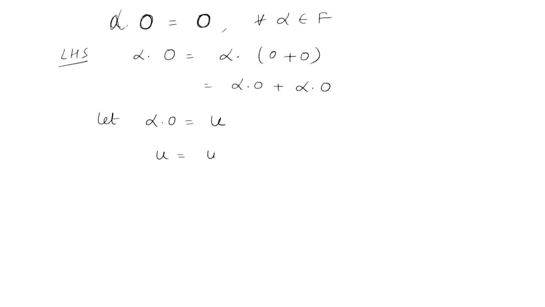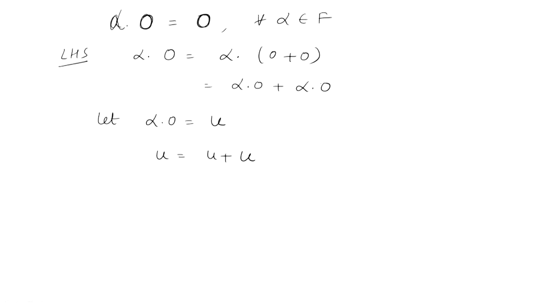The proof is easy. You take the left hand side, alpha dot 0, which can be written as alpha dot (0 plus 0), which equals, because it is a vector space, alpha dot 0 plus alpha dot 0, since alpha dot (u plus v) equals alpha dot u plus alpha dot v. Now, let alpha dot 0 be u. So, u equals u plus u.